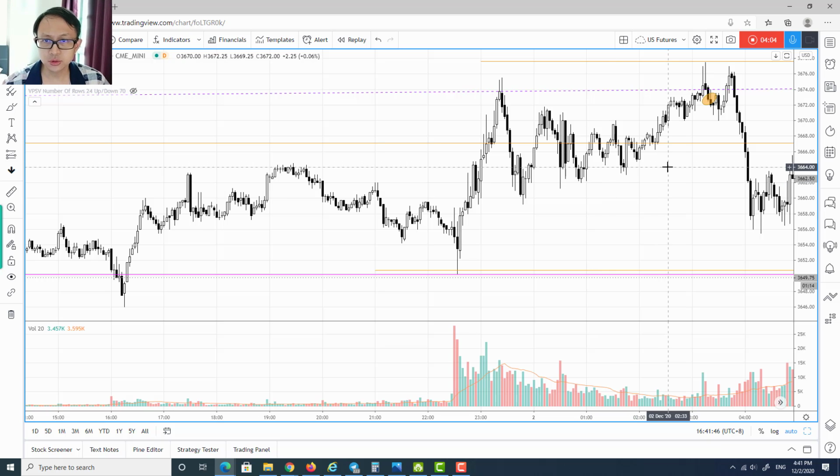Actually, I do use point and figure calculation from time to time in the positioning or swing trading, but I seldom use it for day trading purpose, mainly because day trading is very short term, and probably by the time that I calculate the target, it might already reach the target.